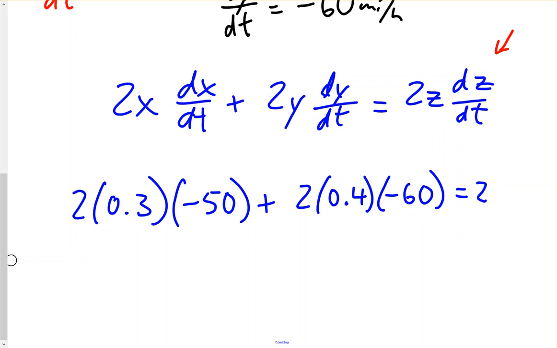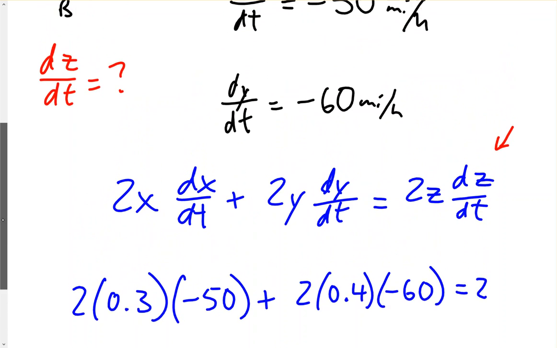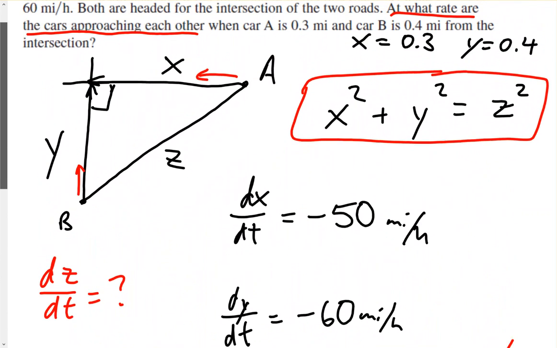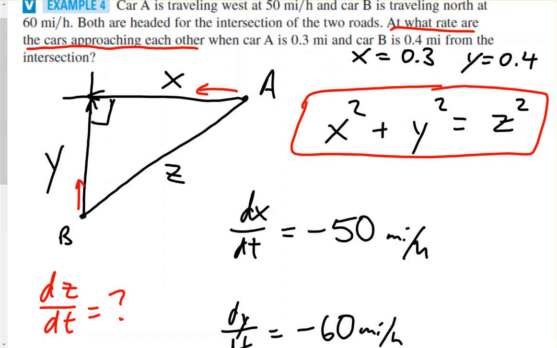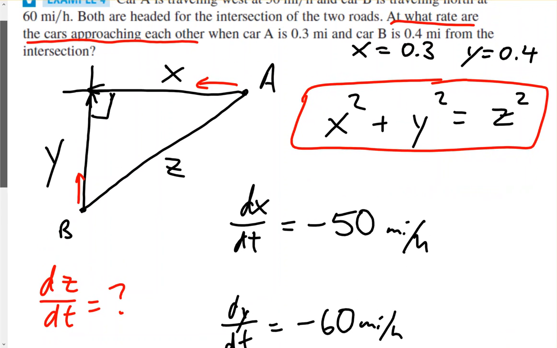Now, we don't have z, but we could easily figure it out because we have x and y, and it's the Pythagorean theorem. It also fits a 3, 4, 5 pattern, right? So 3, 4, 5 is a Pythagorean triple. So with 0.3 and 0.4, z would be 0.5.